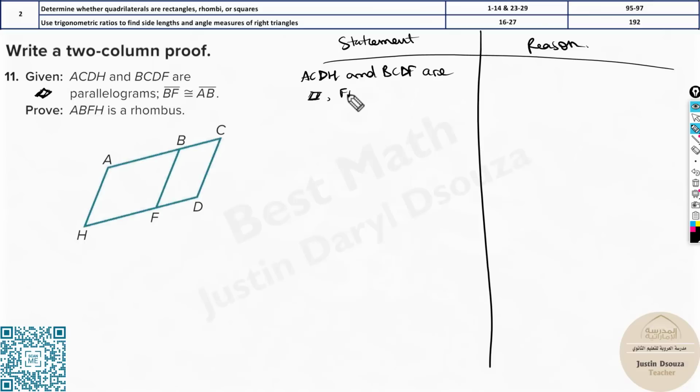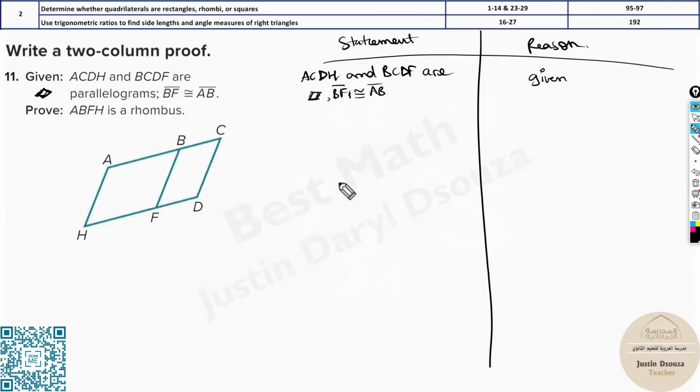And they have told us line segment BF is congruent to AB. This is another thing. What is the reason? It's just given to you. And always the last one will be ABFH, that is a rhombus. That will be the last statement. So if you can't write anything, at least write the first thing and the last thing. You will at least get a couple of marks over there.